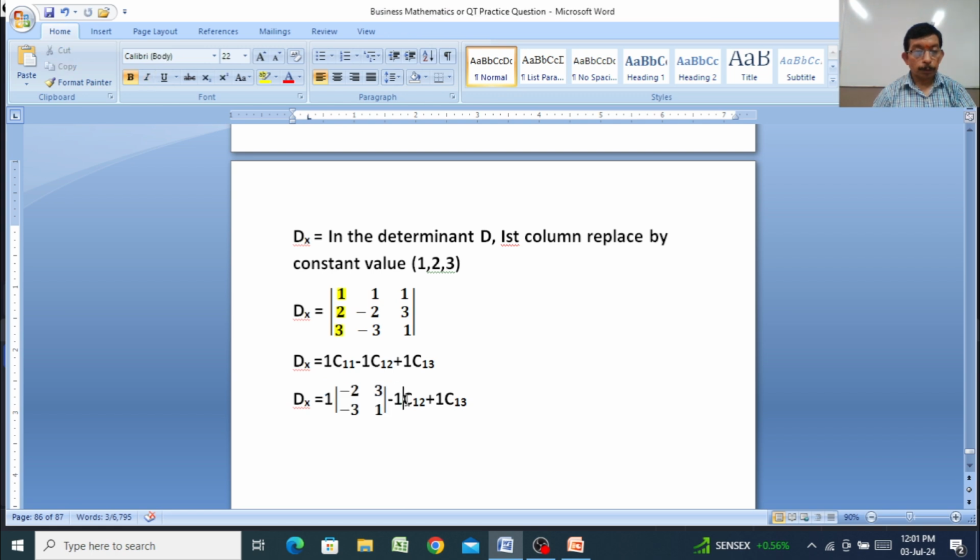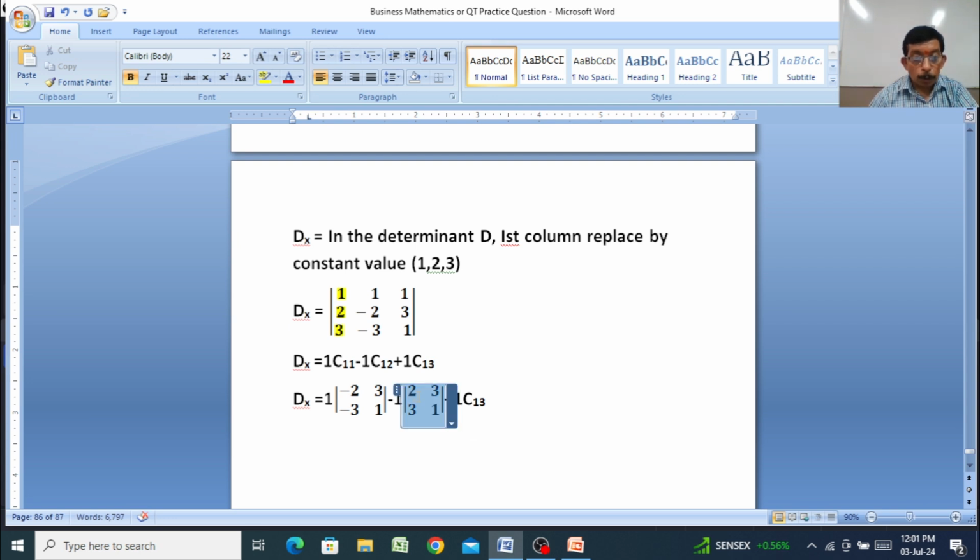C12: the first row, second column element is cancelled out, and the remaining elements are 2, 3, 1.